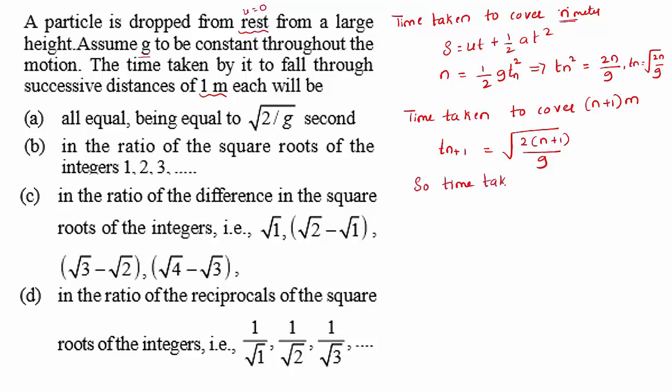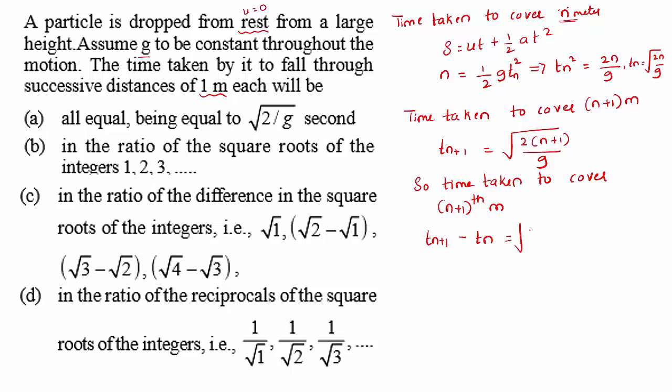Time taken to cover the n plus 1th meter. We know the time taken for n meter and for n plus 1 meter. So what is the final time? That means we can write Tn plus 1 minus Tn. Final time interval minus initial time interval gives the resultant time interval.